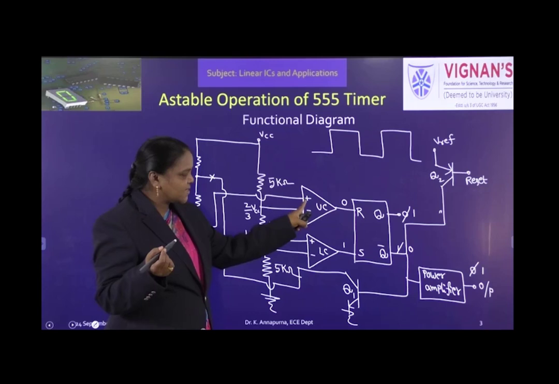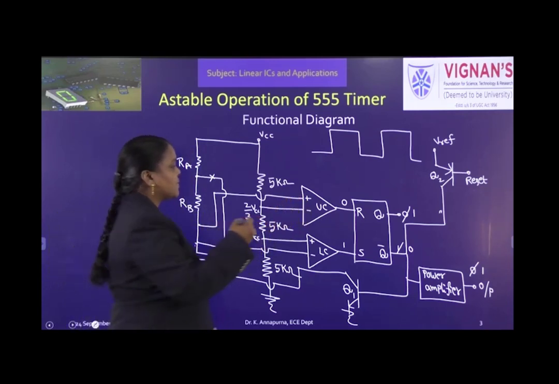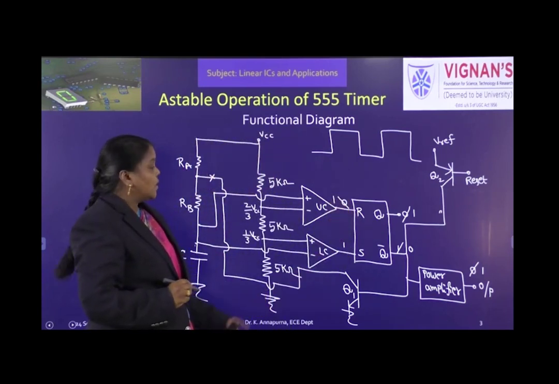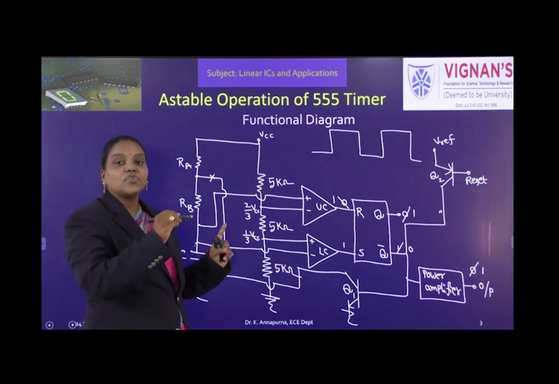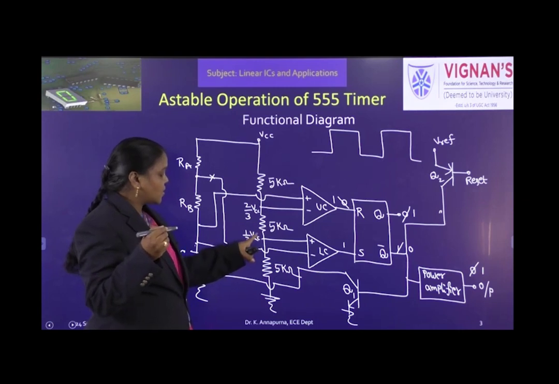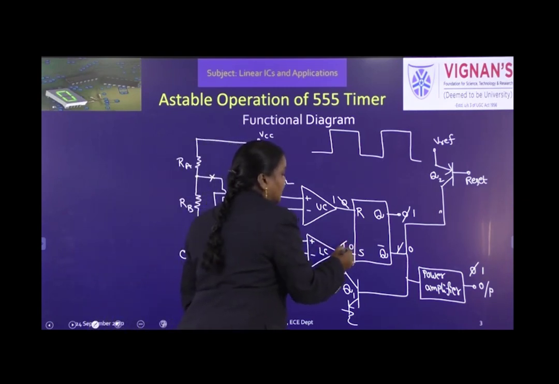So whenever the capacitor voltage exceeds 2/3 VCC, the upper comparator plus input is dominating compared to the minus input. So the output will be plus Vsat, which means this becomes 1. And what about this? Now the capacitor voltage exceeds 2/3 VCC, so definitely it is greater than 1/3 VCC. So this becomes 0.